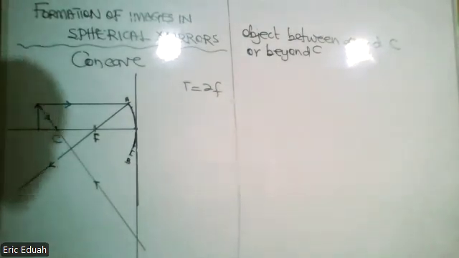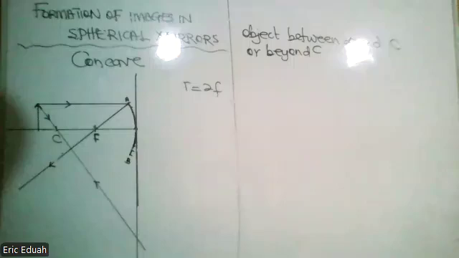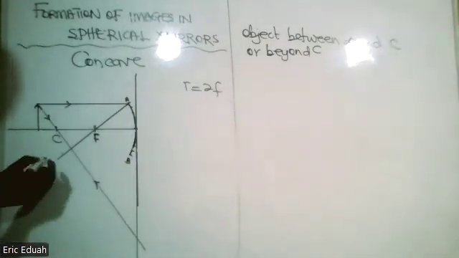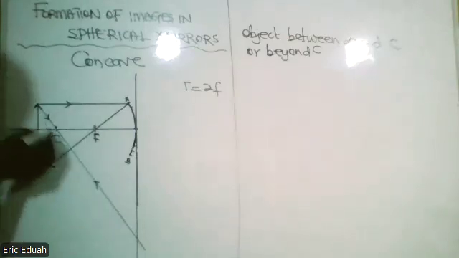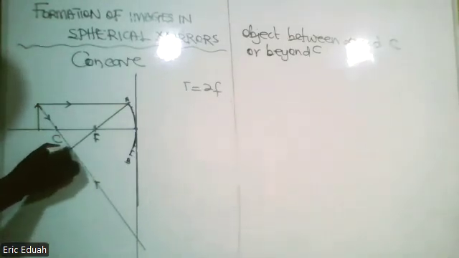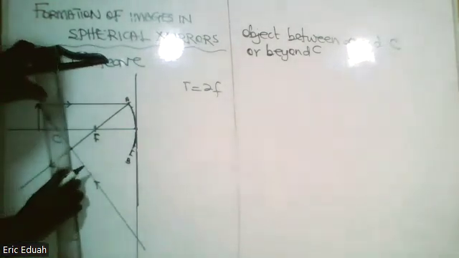Now, an image is formed whenever two or more reflected rays actually intersect or appear to intersect. So look at the reflection of this. Look at the reflection of this. These two reflected rays appear to intersect here. That is where the image will be formed.